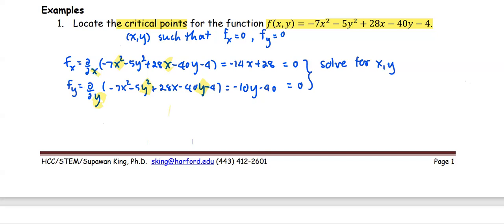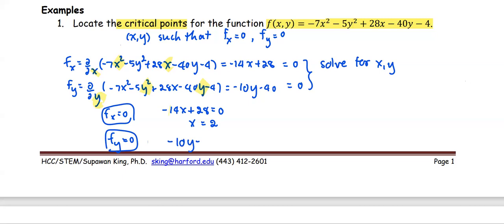For f sub x equals 0, we work on the equation negative 14x plus 28 equals 0, and then we can see that x equals positive 2. For the partial of the function f with respect to y equals 0, the equation is negative 10y minus 40 equals 0. In this case, we get y equals negative 4.